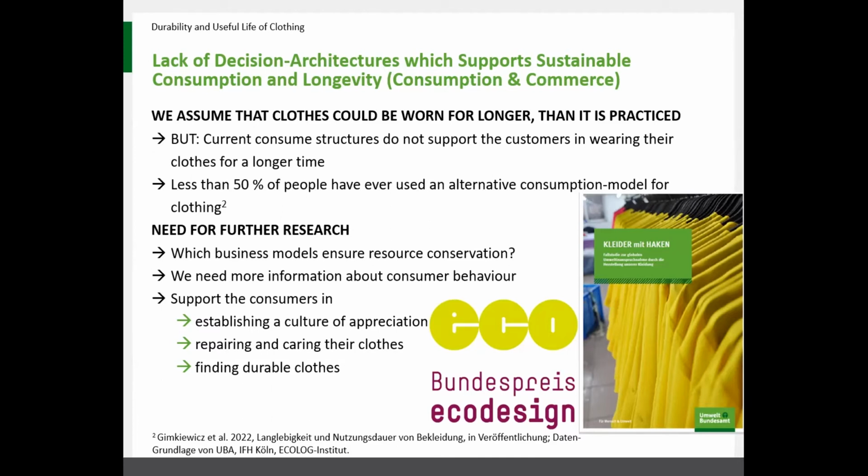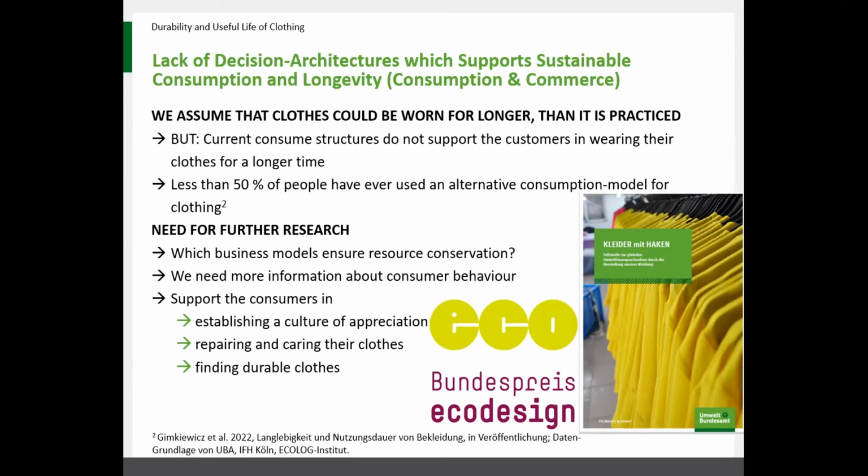This led us to the need for further research regarding consumption structures. At this moment, it is indistinct which business models or which mix of business models really ensure resource conservation and how they can be economically viable.